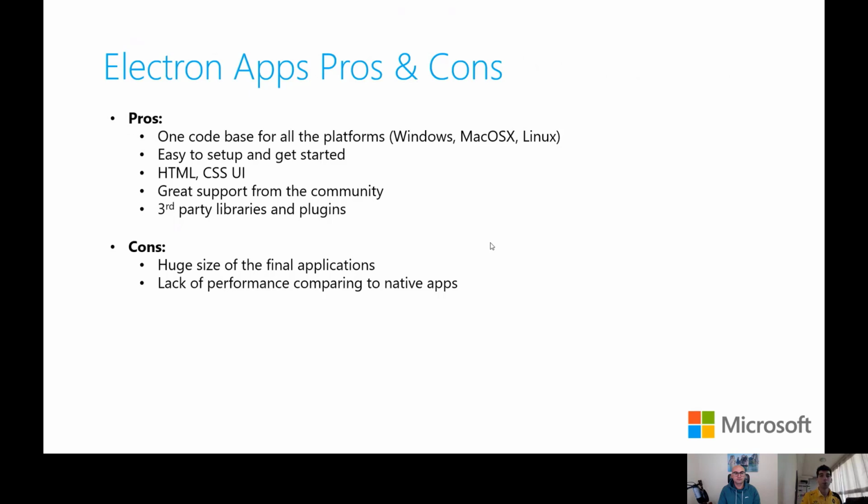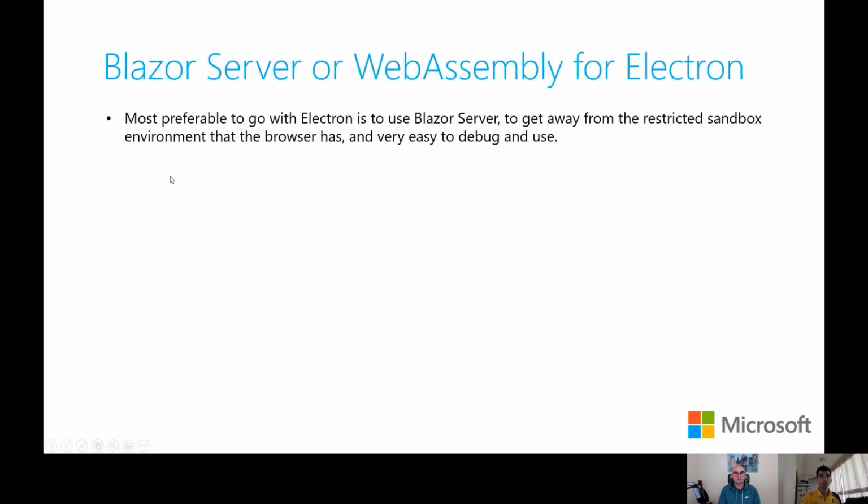Okay, so we have just one more thing before we move to the development. Should we go with Blazor Server or Blazor WebAssembly when we use it with Electron? Actually, the answer here is very simple. We should go with Blazor Server. The reason is that Blazor WebAssembly is very restricted, and it's built to run in the browser.